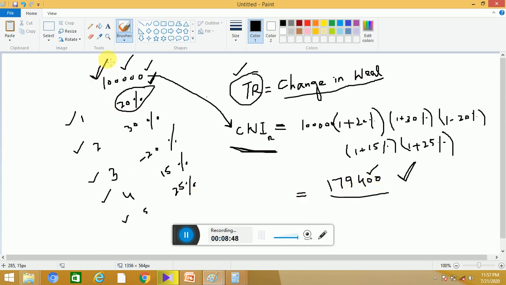It was 100,000, and then after 5 years it becomes 179,400. So the cumulative wealth index gives us information about our wealth after n periods of time. Total return is just telling us about the change in wealth, that there is a 20% change, there is a 30% change, but it is not giving information about your total wealth.